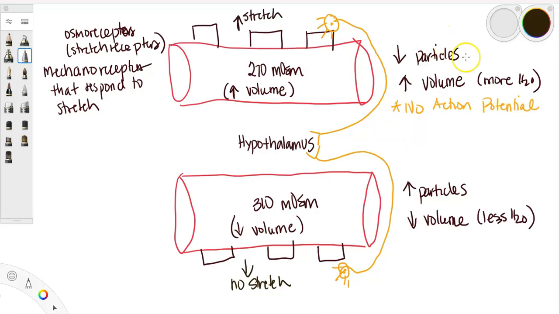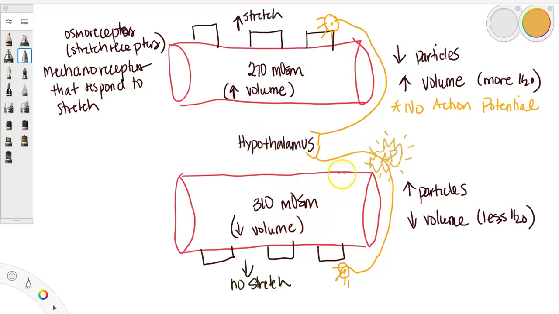So in that case, what's going to occur? Well, what's going to occur is an action potential here, at the hypothalamus.